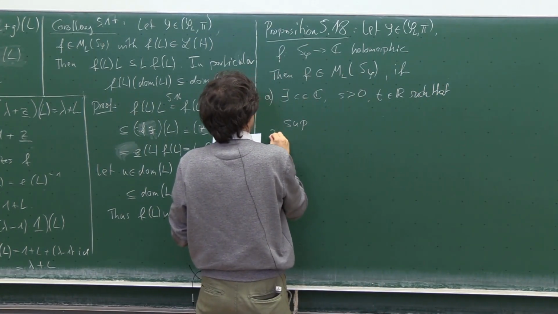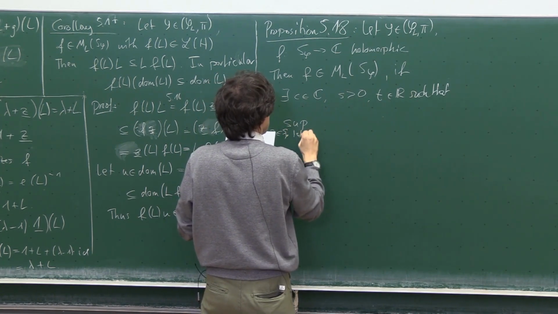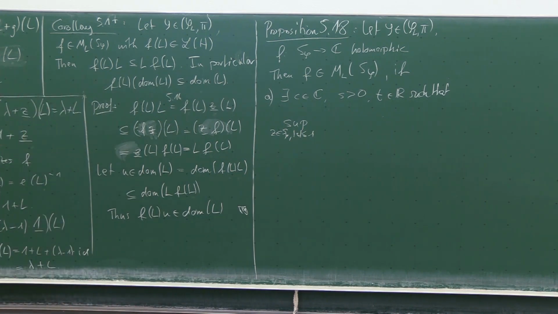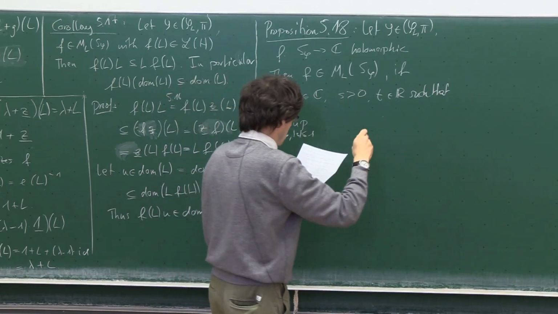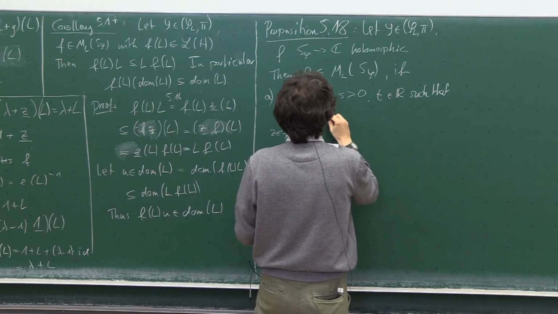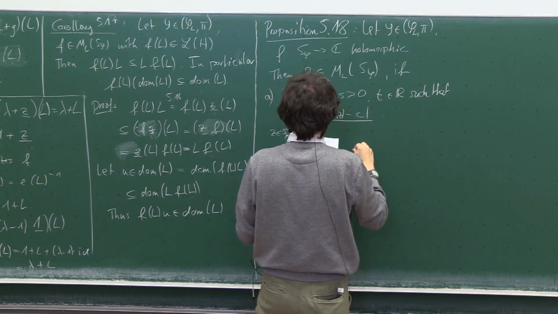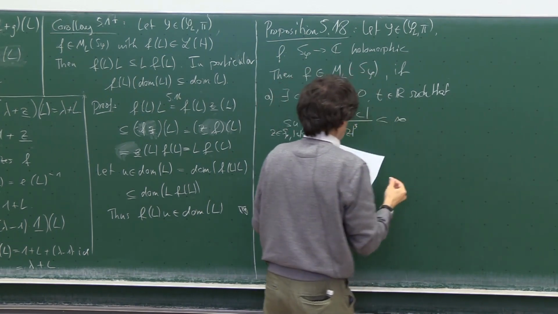So the supremum over all small z in the sector. So you look at what the function does close to 0. The supremum over the part of the sector that is close to 0 of the modulus of f of z minus c, divided by z to the s, is finite.